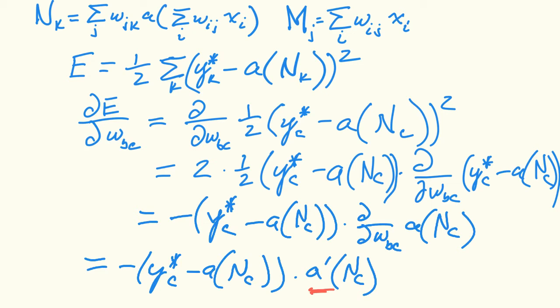And that is times the derivative of this n sub c. Okay, so now it's time to break this out and say, for any particular k, n sub k is this thing, but we're going to leave this thing in terms of m, so that we don't have to make that quite so complicated.